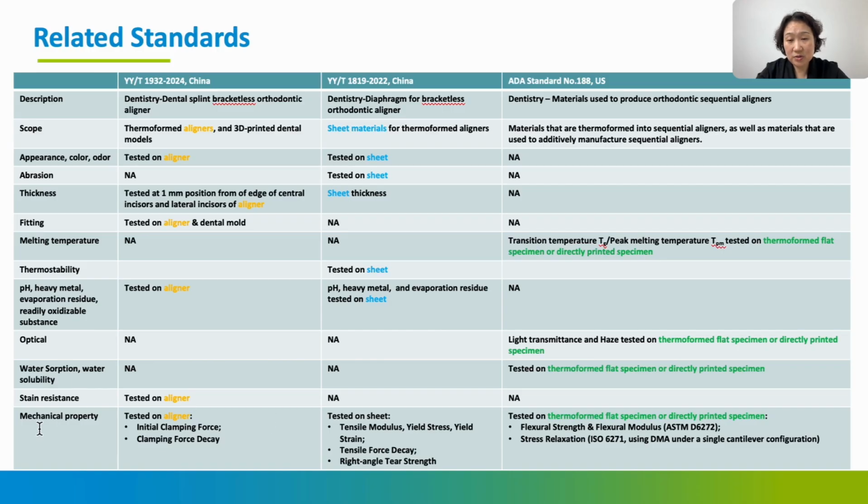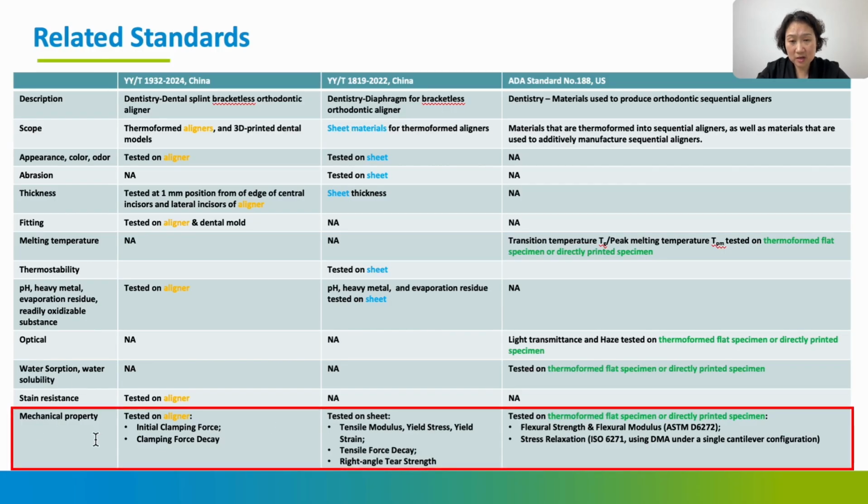Please pay attention to the last row, mechanical property. All these 3 standards list out an important property, the force decay, or we call it stress relaxation. This is a key requirement for aligner treatment. I will talk more about this property later on.